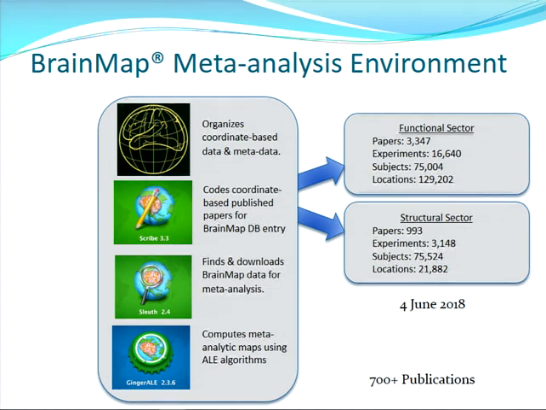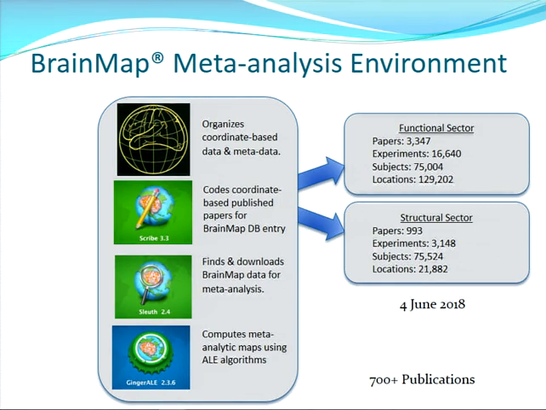So you can actually go to the BrainMap website and become a BrainMap person. You can download this software called Scribe. It is the software that allows you to enter experiments, and it's free to download. And when people enter these experiments, when they get finished, it gets submitted, and it goes through a quality control review at our site just to make sure. And sometimes we have to go back and forth several times.